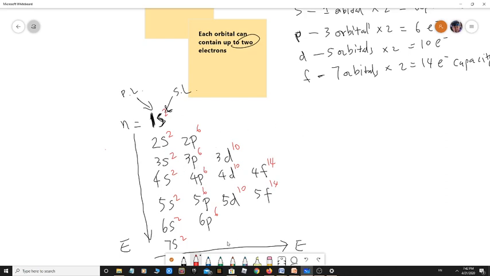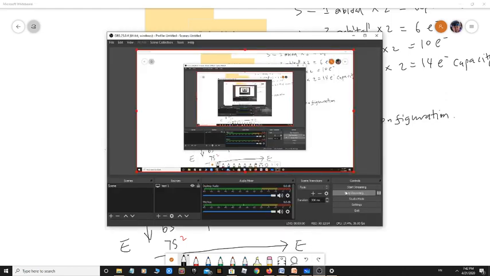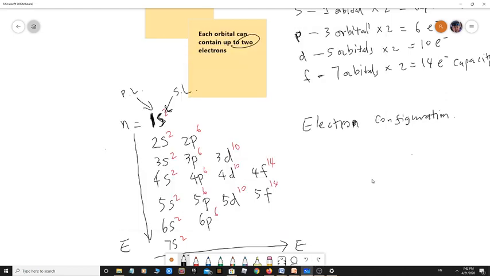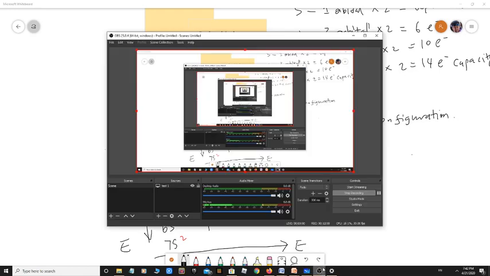We actually call this electron configuration. So this is the introduction to electron configuration we would like to start with.